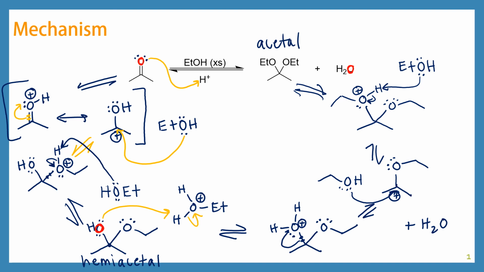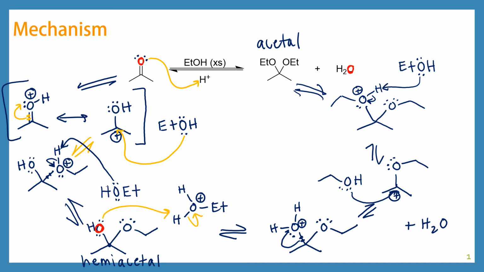So I really enjoy this mechanism because I just think it's really elegant. It doesn't look like it so much on this slide. It looks a little messy, but there are a lot of steps here that really just make a lot of sense if you just keep asking yourself questions. So we kept putting on protons and creating positive charges, and then we would remove the positive charge somehow.